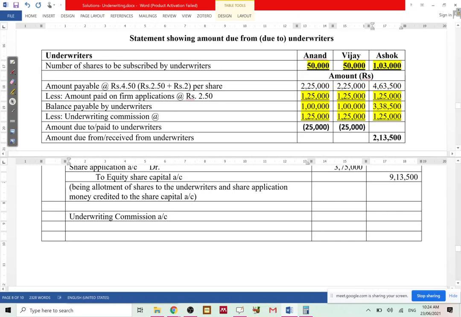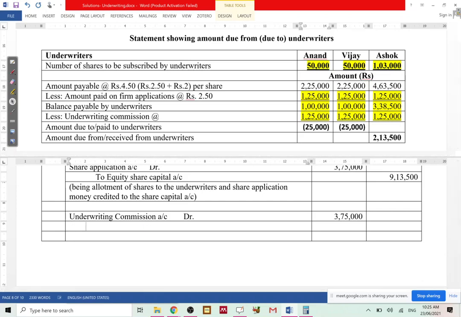So underwriting commission is an expense and it will be debited. How much is the total underwriting commission? Again, 125 plus 125 plus 125, you get 3,75,000. Okay, this is the underwriting commission.